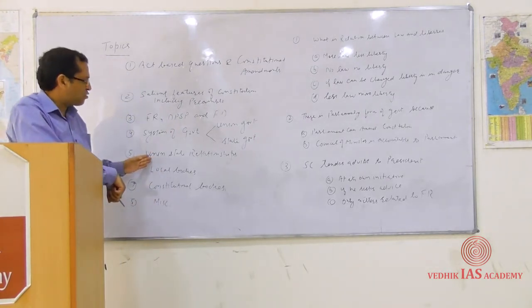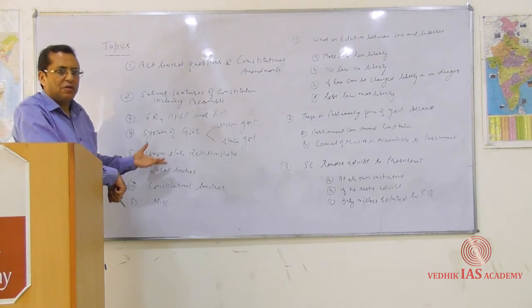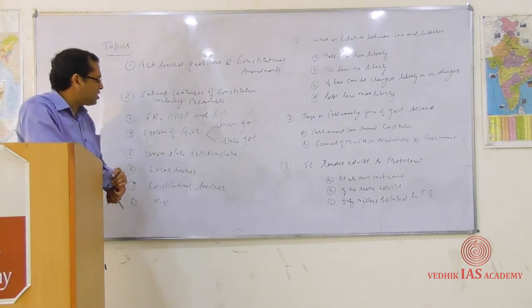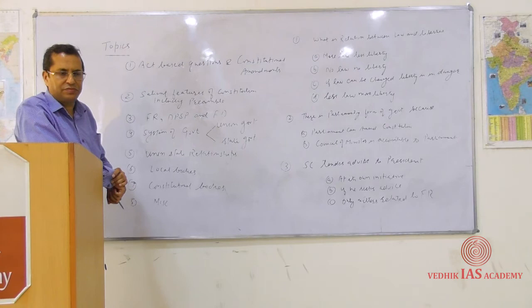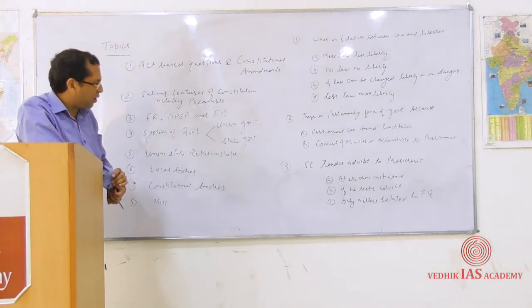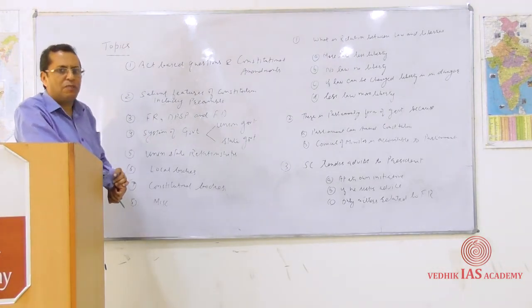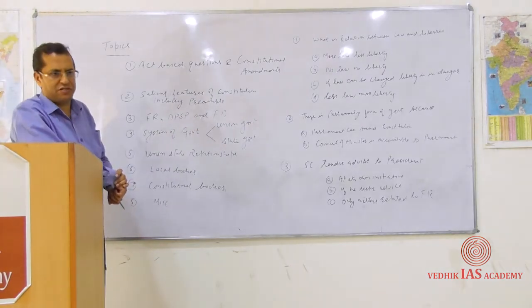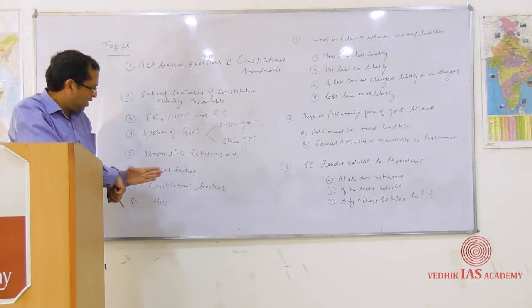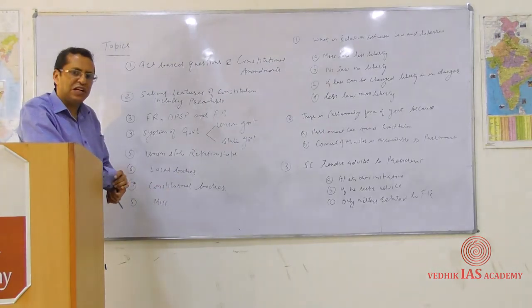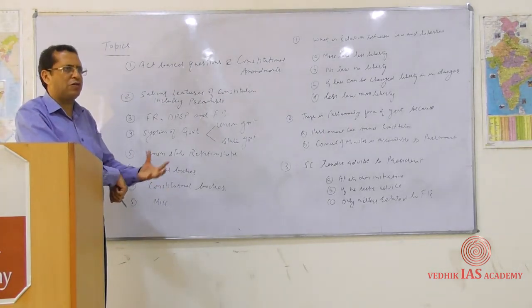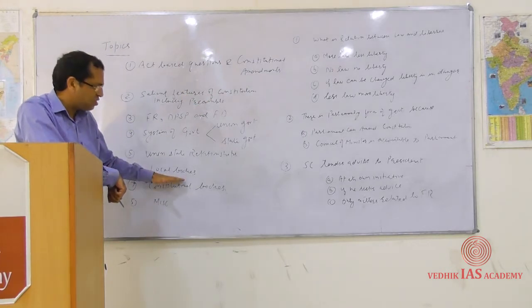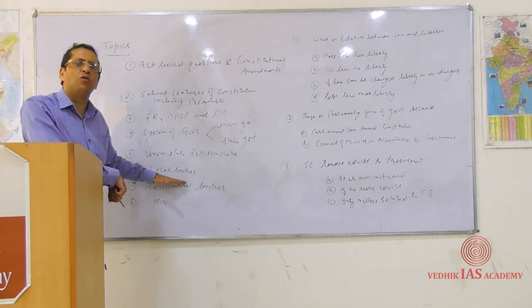Then the next topic is union-state relationship. From this topic, we got approximately 10 to 12 questions in the past. And again, local bodies: in recent years, more particularly in the last 4 to 5 years, this topic has become more important.